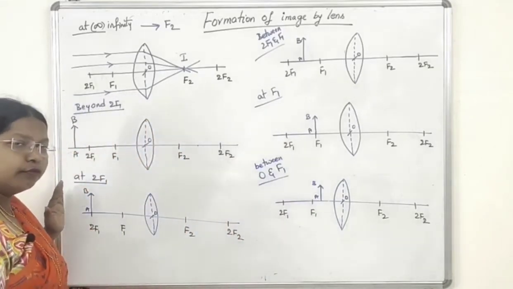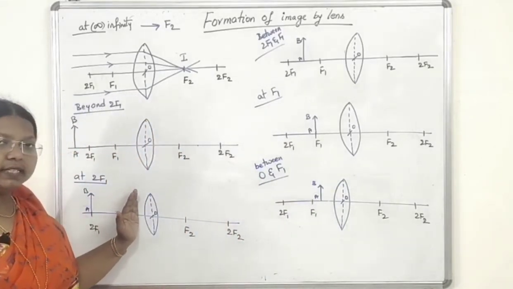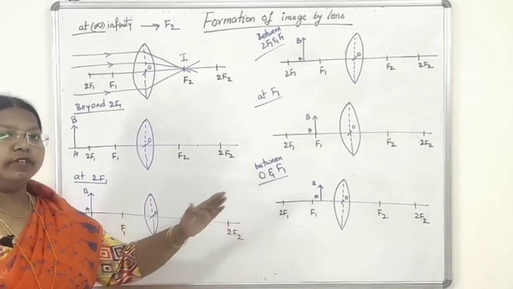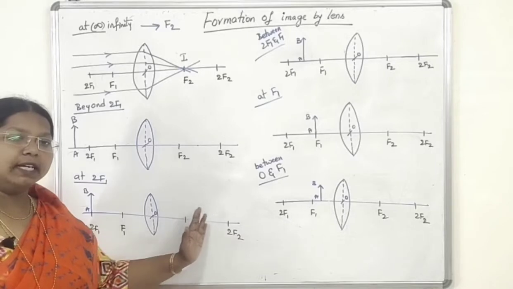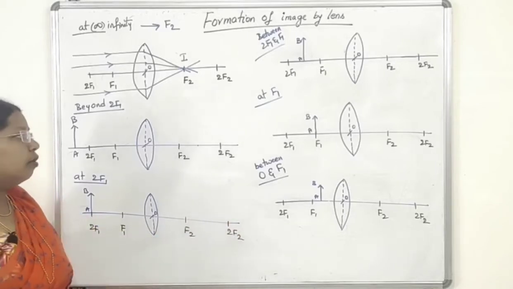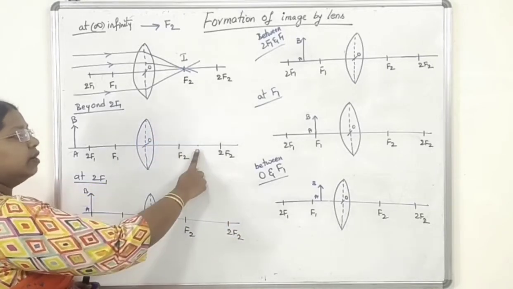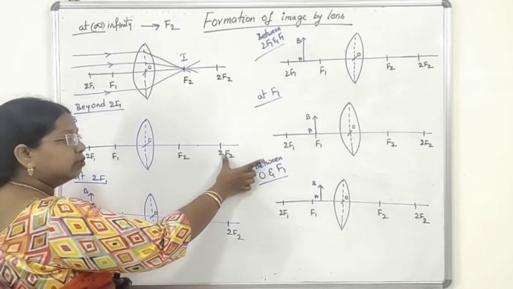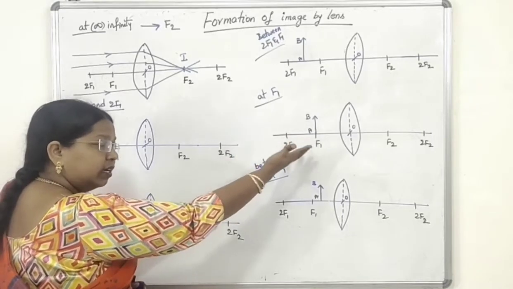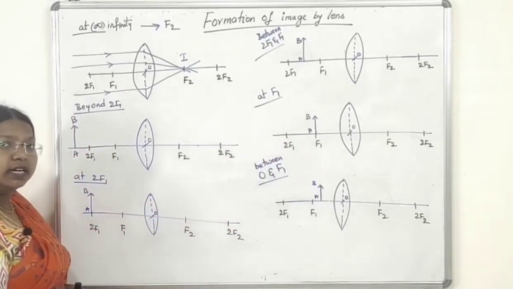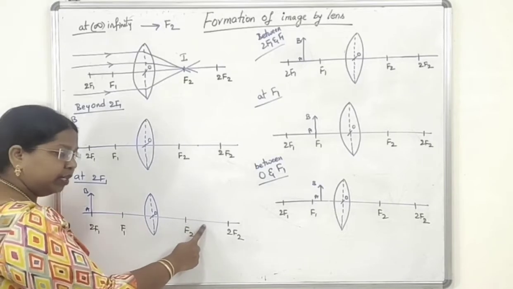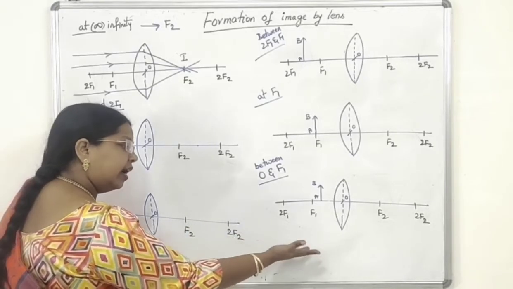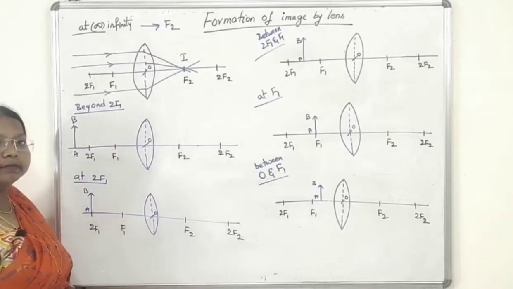The object was moving from infinity towards the lens; now the image is moving from the optical center to infinity. First the image is at f2, next between f2 and 2f2, next at 2f2, next beyond 2f2, and the next case is infinity.